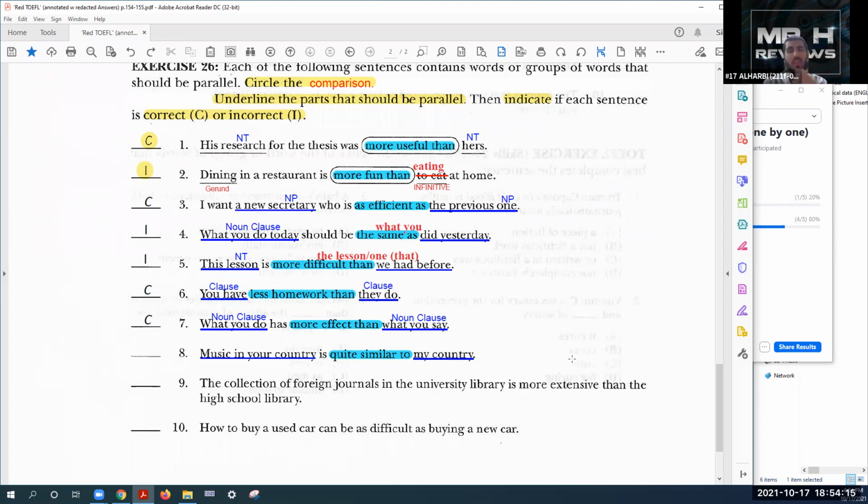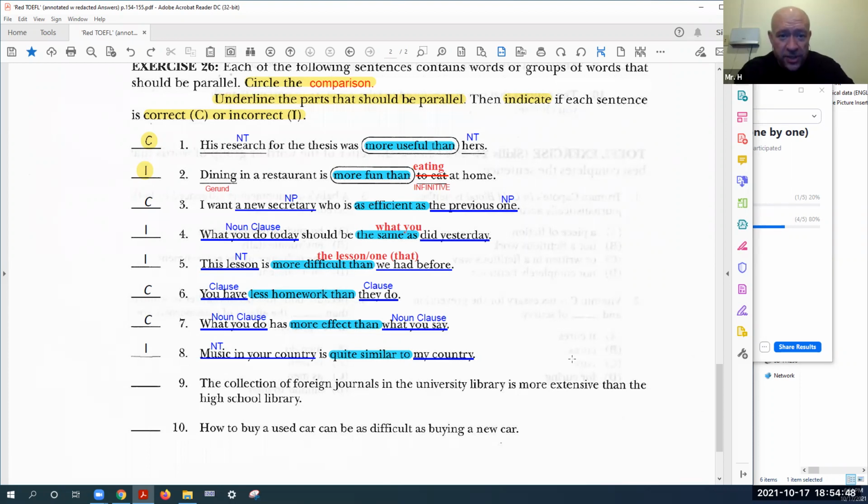Or, yes, you must compare music in this country and music in this country. You understand? So how can I fix it then? Add the one in my country. You could say the one. I wouldn't say the one. I would use the noun.